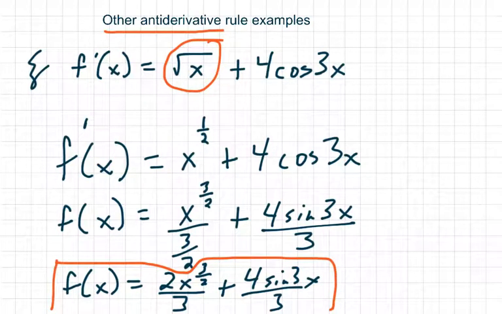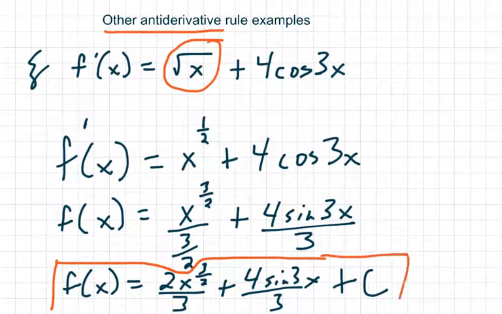That example is more about the trig rule than the power rule, because we already know how to do the power rule. It's just a little thing about changing the radicals into exponents so that you can actually apply the power rule to it. Okay, and I guess what I forgot is plus a constant.